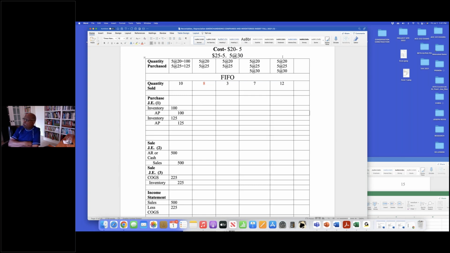Suppose you're at a grocery store and they bought 5 at 20, then they bought 5 at 25 later. Which ones are they going to sell first? 5 at 20.